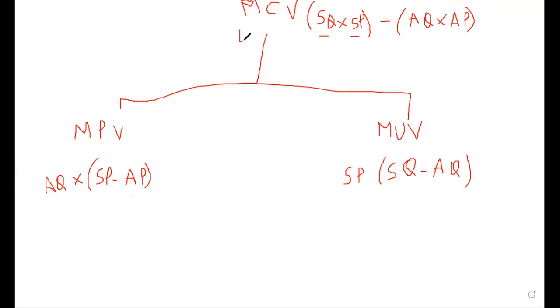Similarly, we can also calculate labor cost variance. In case of labor, we would not have quantity, so it is standard time into standard price or standard rate, minus actual time or actual hours into actual price.